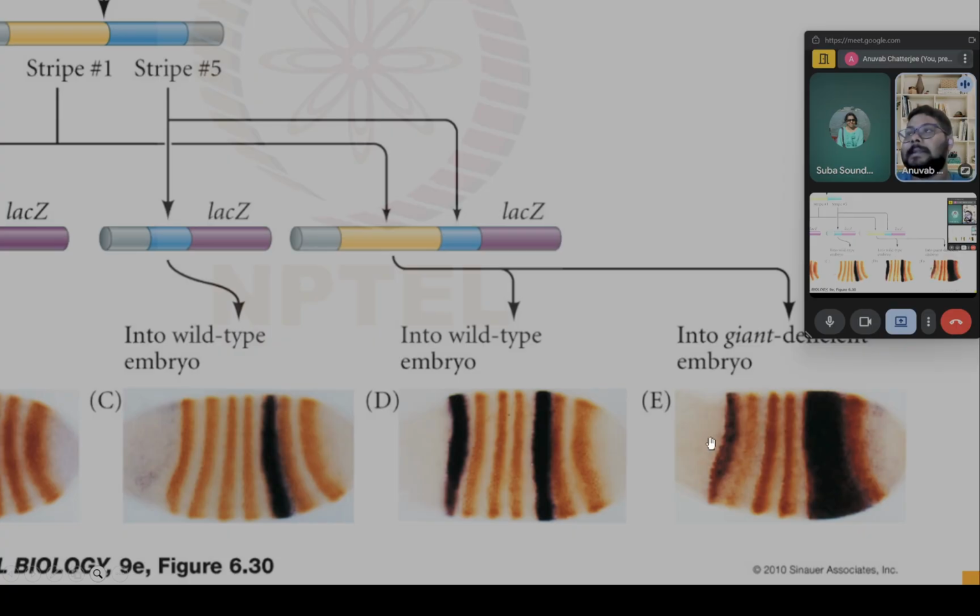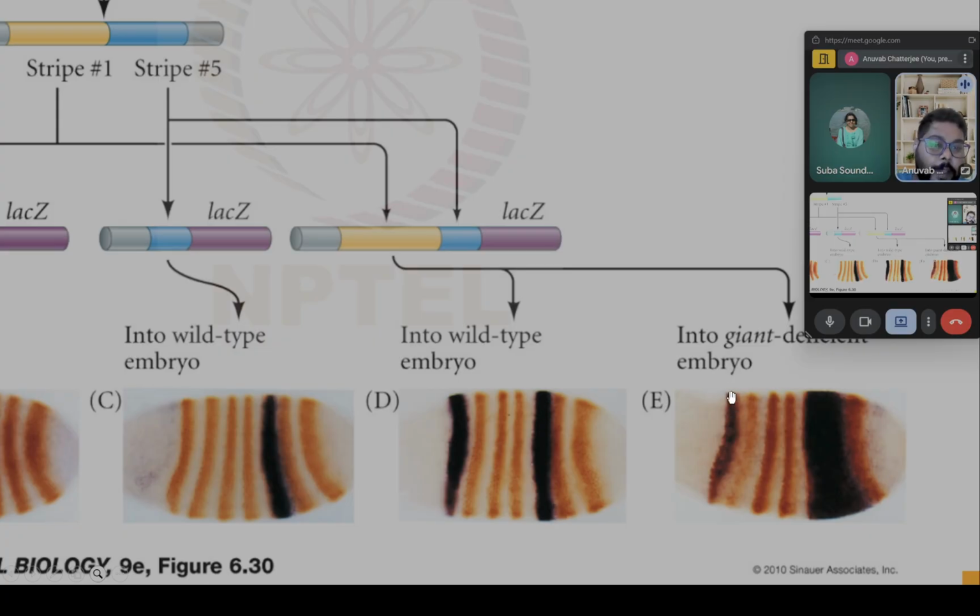This is an interesting idea that we will deal with in a later part of the course, which is known as posterior prevalence. Here we had giant. Giant was making sure that only this region did not express whatever stripe 7 was expressing, and that is why we only had stripe 7 expressing in this fashion.